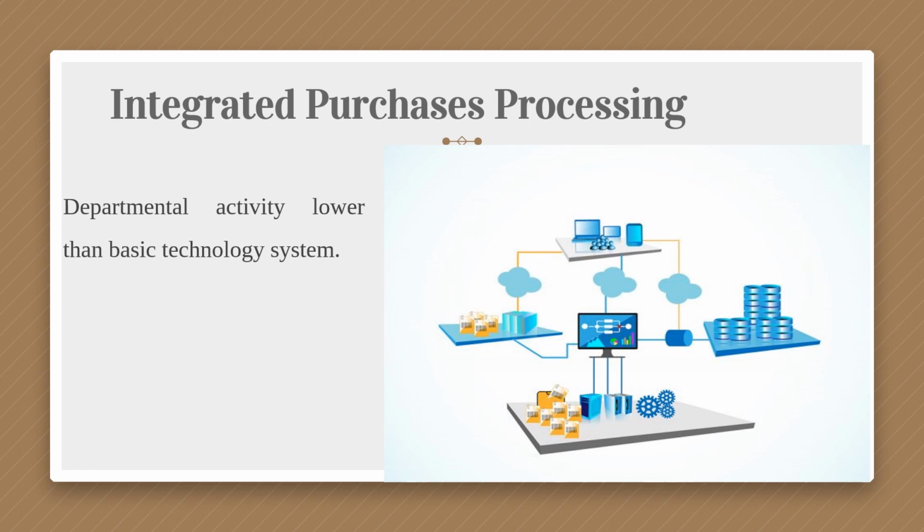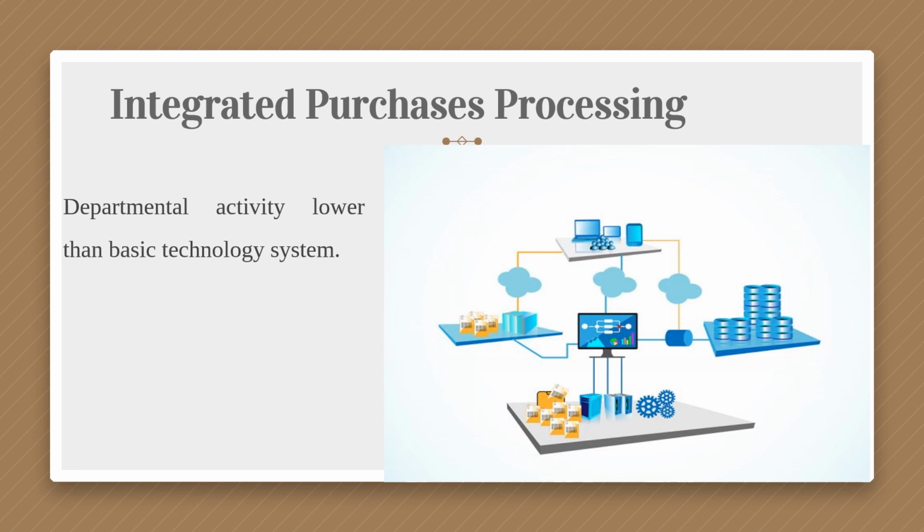Here in the integrated purchase processing, or we can call it the advanced purchasing process, the departmental activities are fewer than in the basic technology system. In other words, the human involvement is less and there is more automated processing of the transaction activities in the cycle.